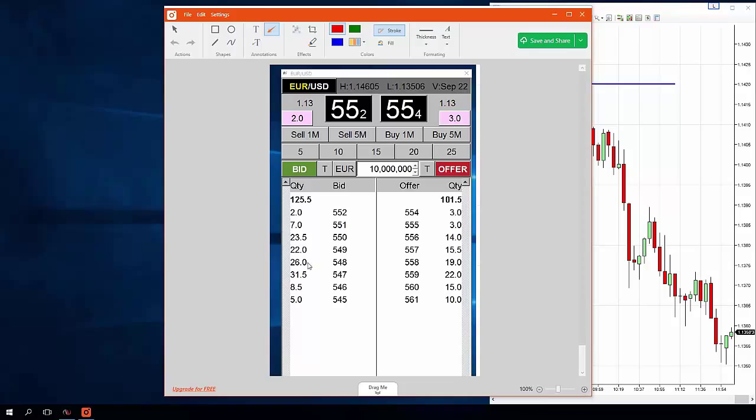So instead of, since I'm buying, right, I may get filled at 55.9 instead of getting filled at 54.5.